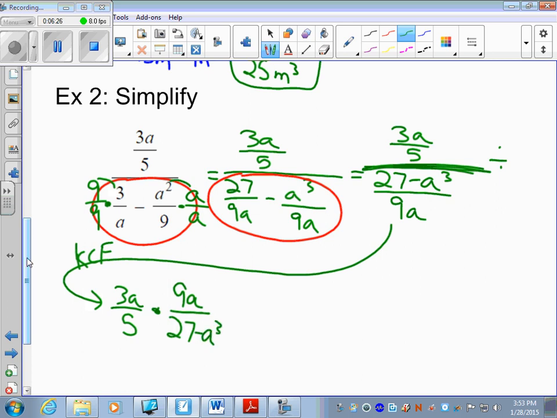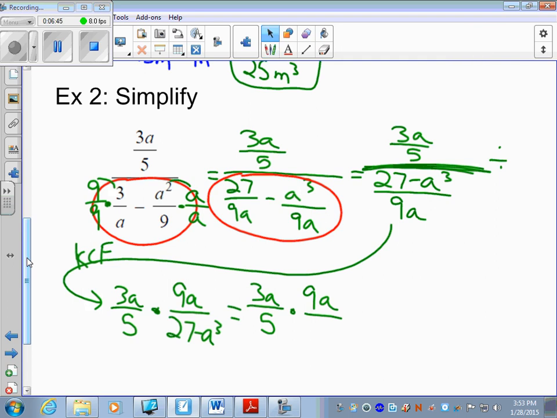Now we look to see if we can factor anything. 3a is a monomial, can't factor that. 5 is a monomial, can't factor that. 9a is a monomial, can't factor that. And 27 minus a to the third, you actually can factor it. This is using the difference of cubes. Cube root the first term, you get 3.